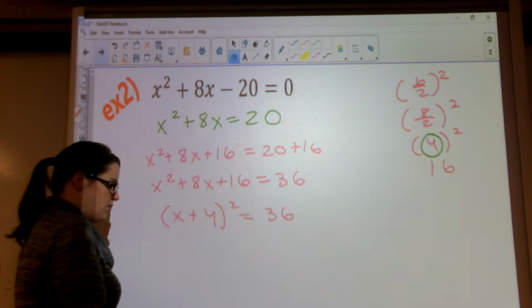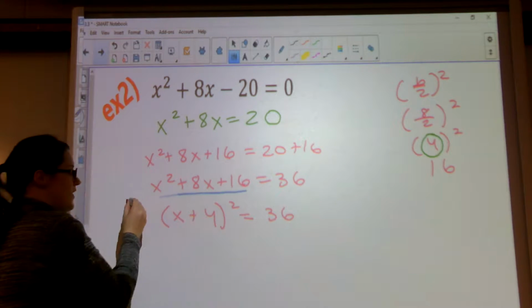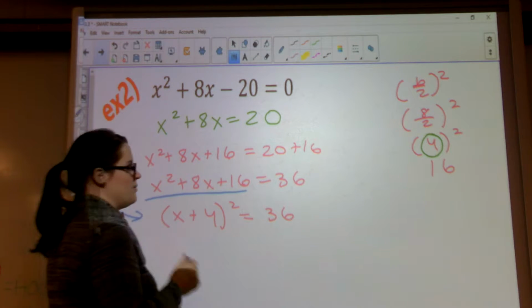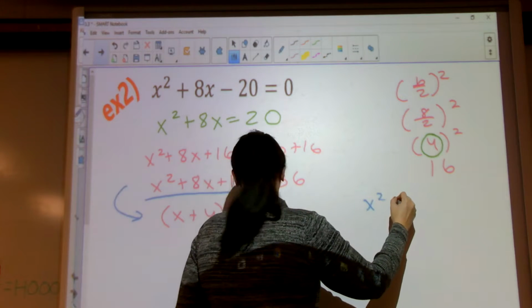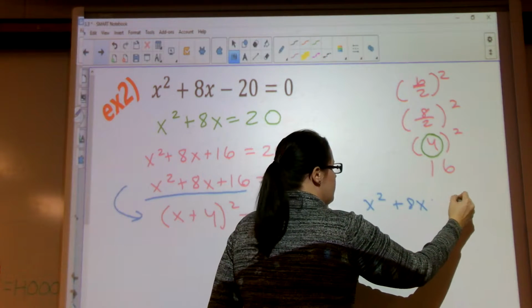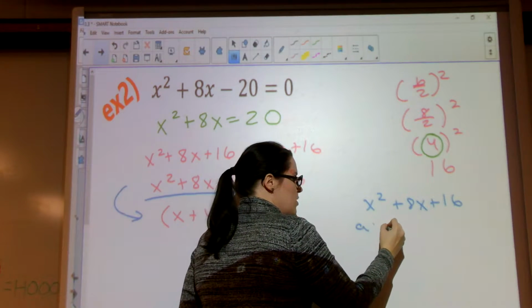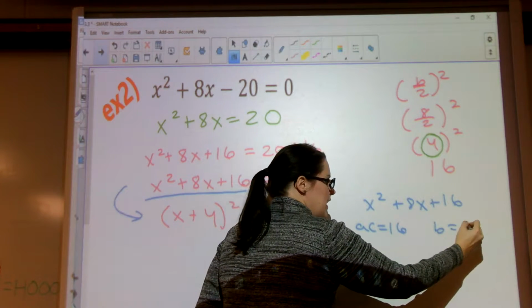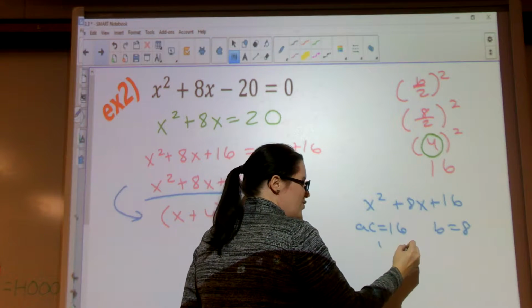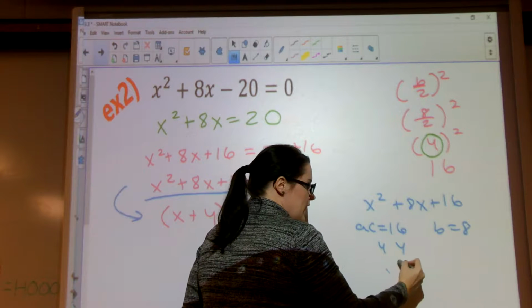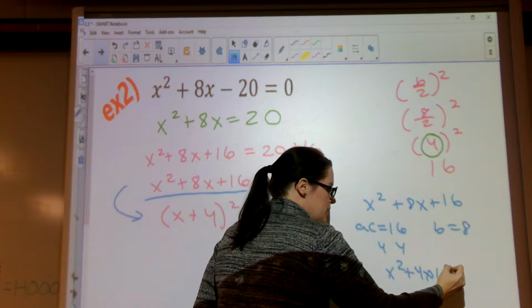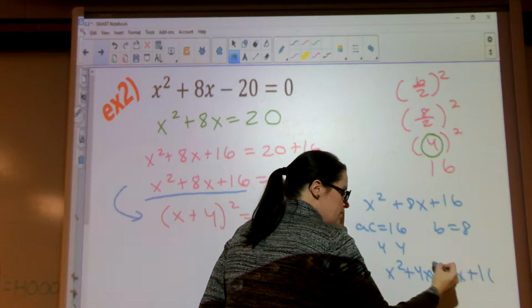Now, this is a good one for me to prove to you that that magic step happens because it's whole numbers. If I were to ABC method this, I need two numbers that multiply to be 16, add to be 8, well, 4 and 4. Then x squared plus 4x plus 4x plus 16.